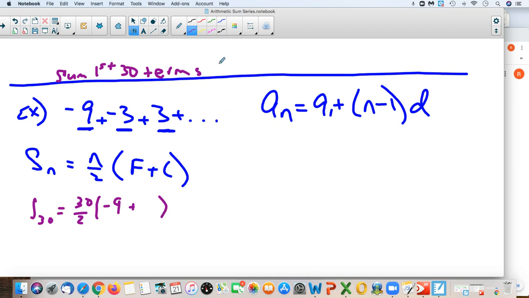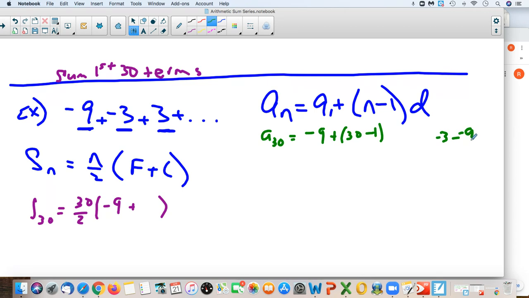We come over here, and we're going to do a sub 30, the 30th term we're going to generate. We can do that if we know the first term plus n minus 1 times d. So 30 take away 1. We need the common difference. How do we get it? We can figure it out by subtracting any term from its previous term.